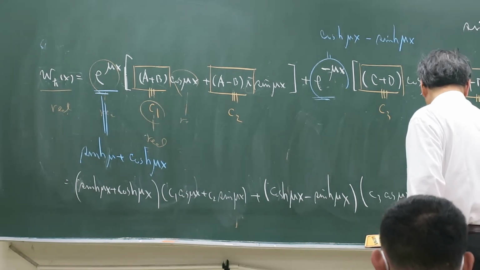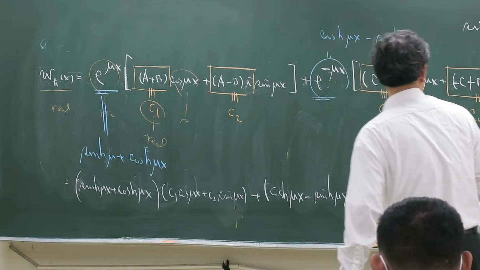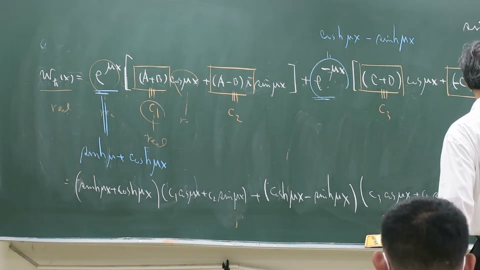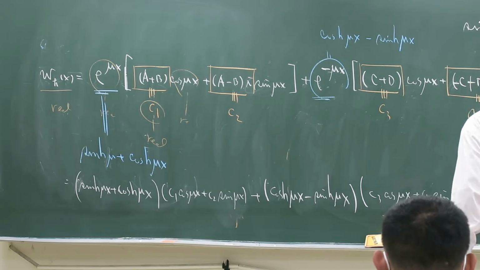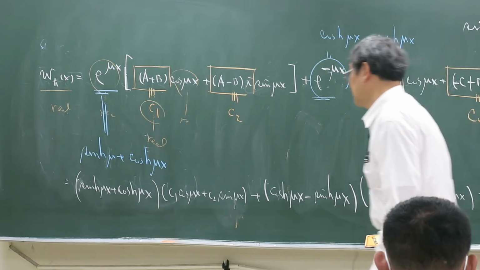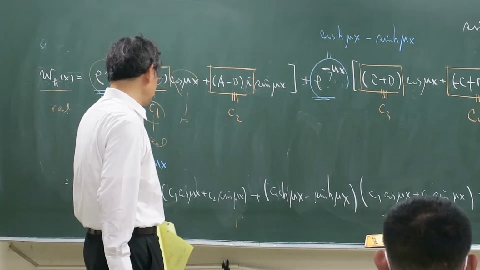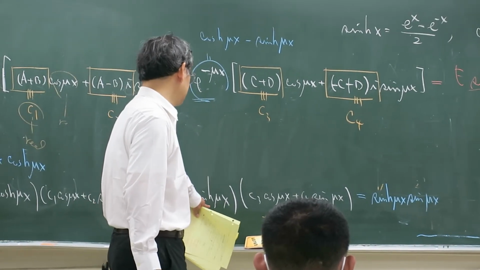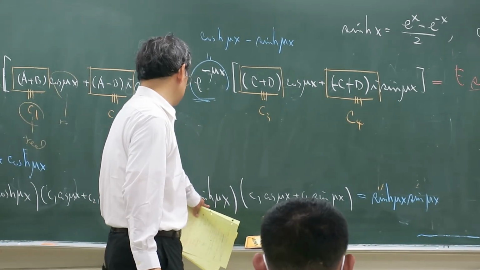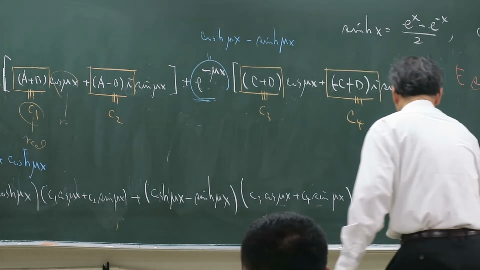Okay, so this will equal to, for the hypersine mu x sine mu x, hypersine with sine mu as a C2, right? Plus hypersine mu x minus C2.